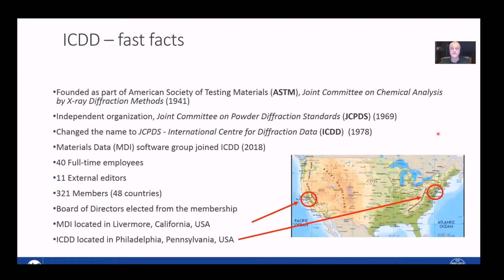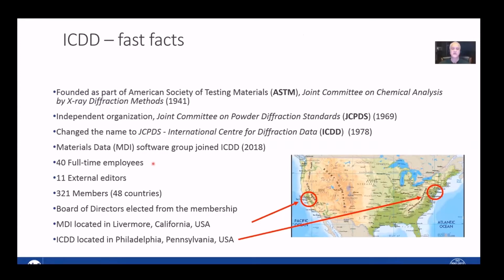Founded as part of ASTM in 1941, the organization became independent and took on the name JCPDS in 1969. It changed the name to ICDD in 1978 to reflect the more international nature of the organization. Materials Data Software Group joined ICDD in 2018.